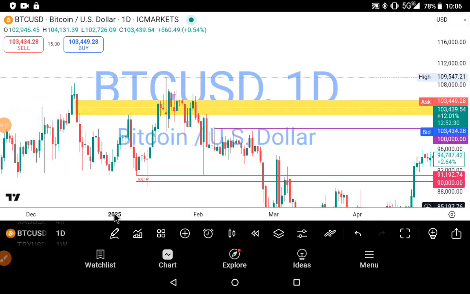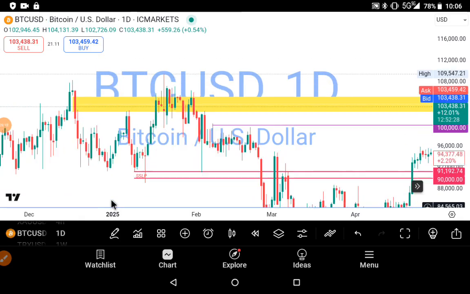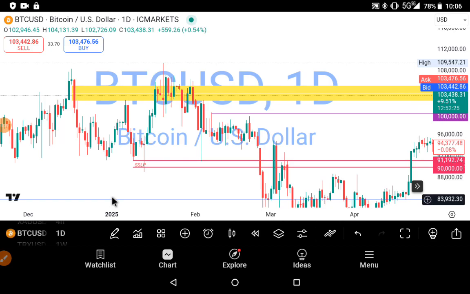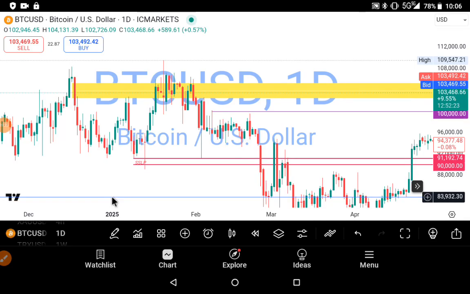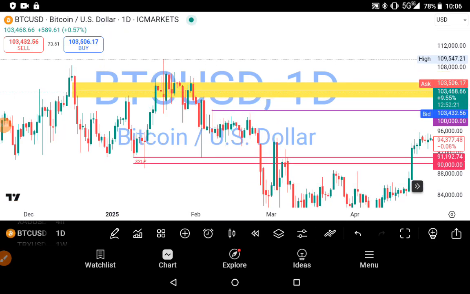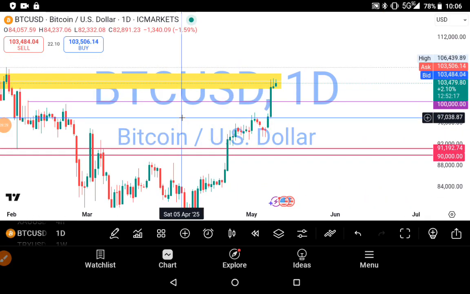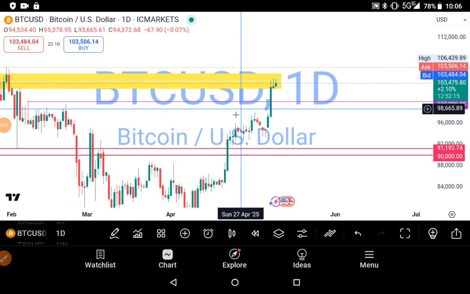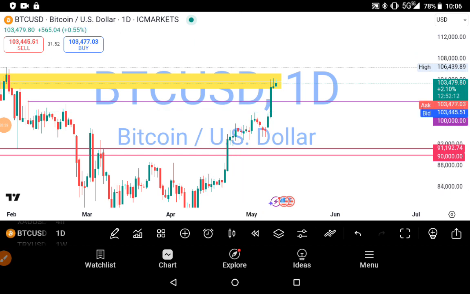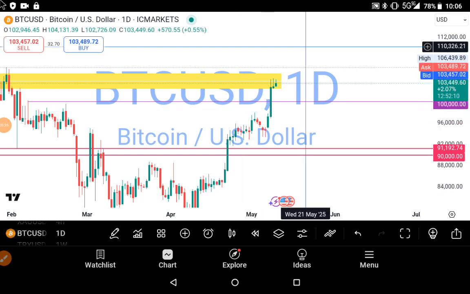But I will be happy and glad if we should see 108,000 on BTC. If it's ready to move, it should move that much. As long as 100,000 remains a support to the price, we should be able to see 108,000 being delivered on BTC.